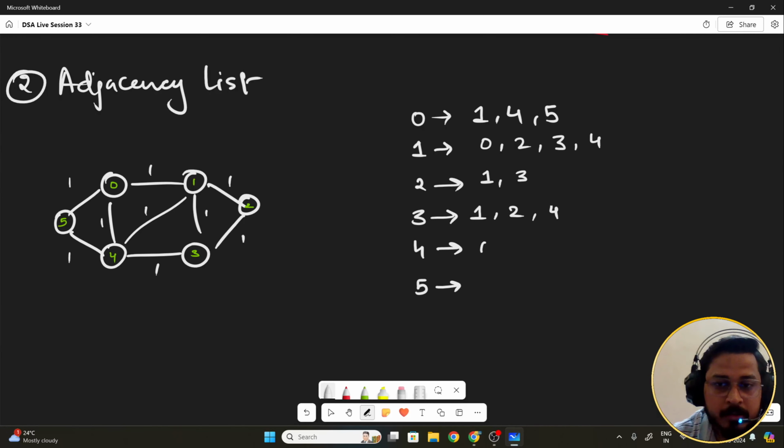So 4's neighbors are 0, then 1, then 3, and then 5. Who all are the neighbors of 5? We have 0, we have 4, that's all.